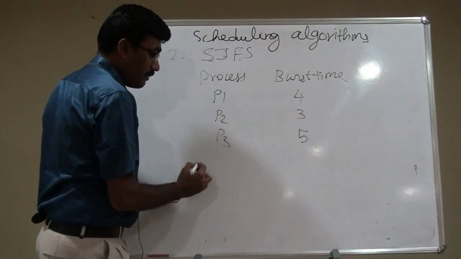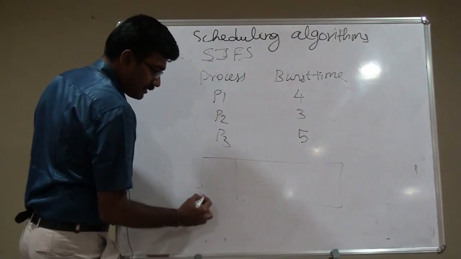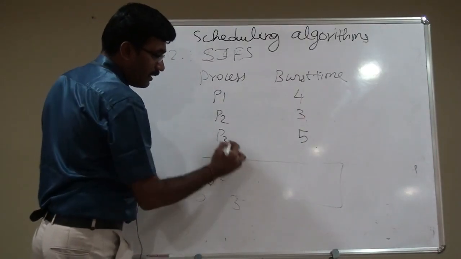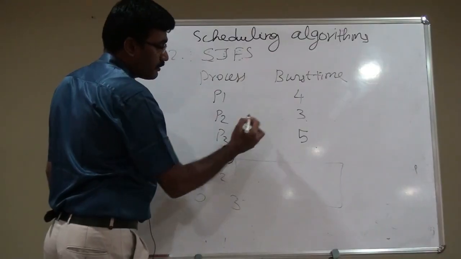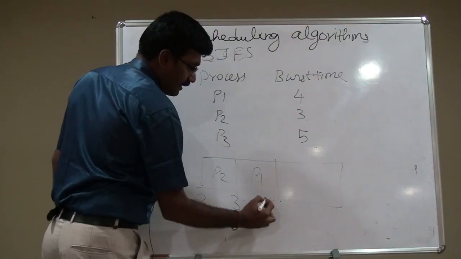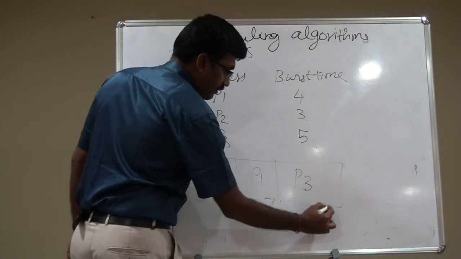P2 is the smallest job. Now draw the Gantt chart. First allocate the CPU to P2, 3, then the next smallest burst time is P1, so 7, then the final one is P3, 12.